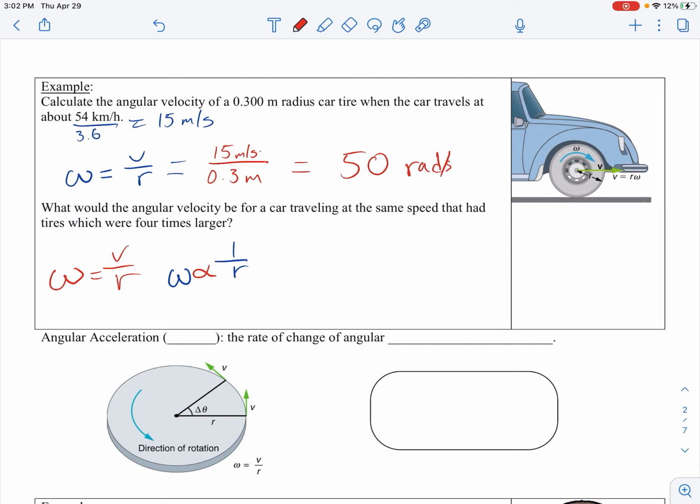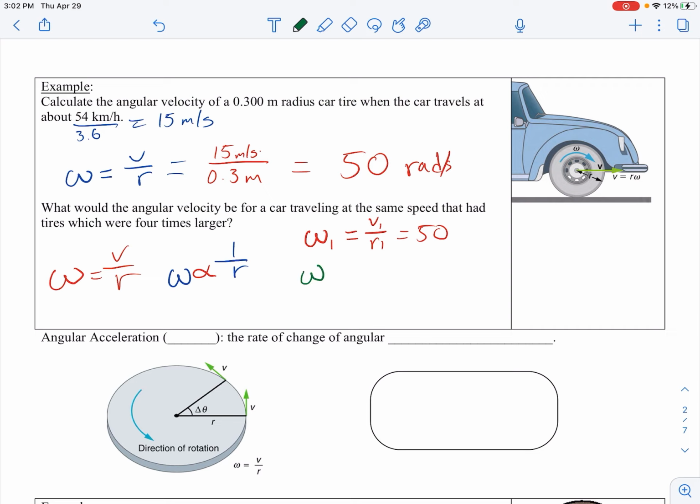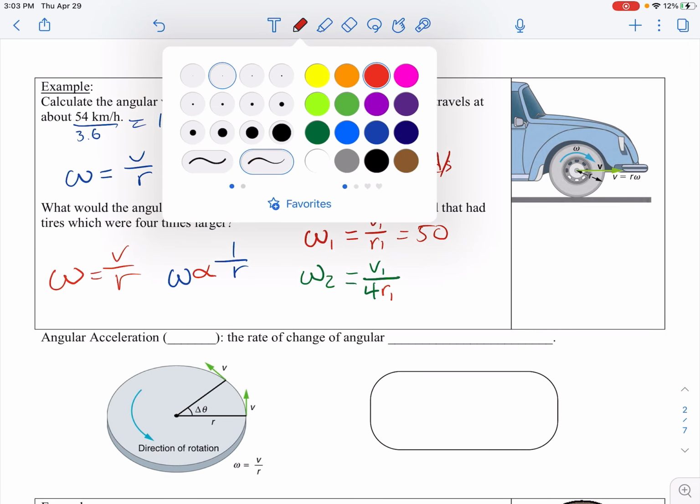So, for example, we know that angular velocity 1 is equal to velocity 1 over r1, and this equaled 50. Angular velocity 2, which is for this question, is equal to the same linear velocity, but in this case is going to be over 4 times our initial radius.